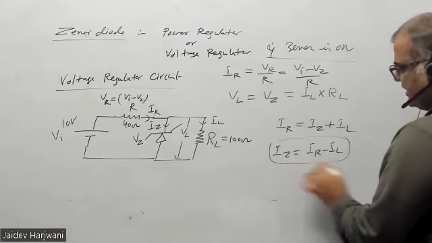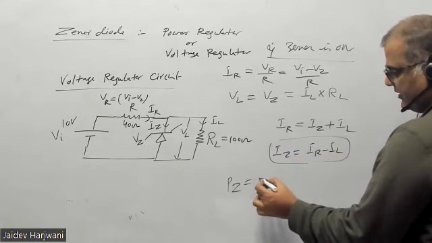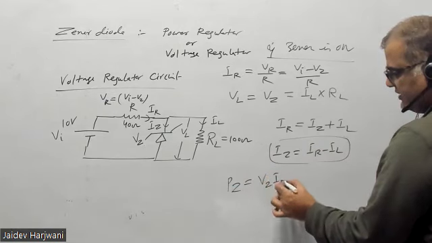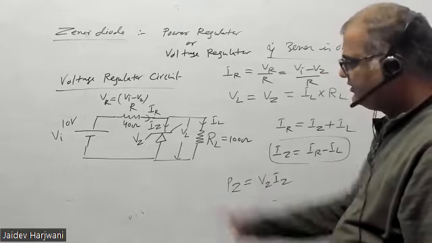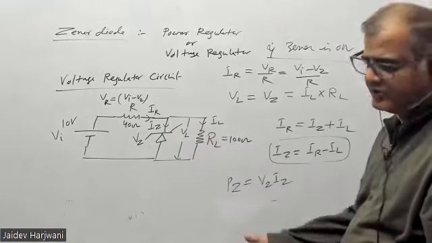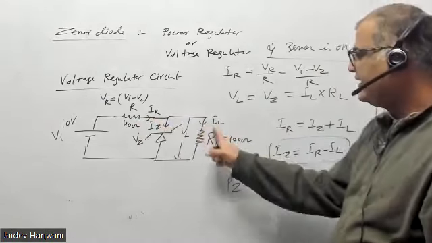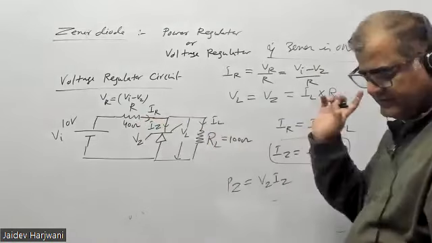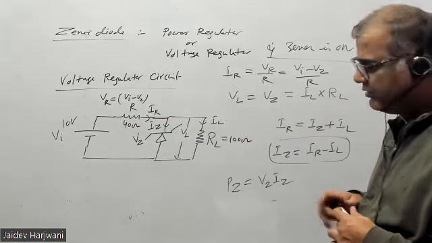If IZ is given, you can find how much power is dissipated in the Zener diode, that will be VZ times IZ. If the Zener is not on, then IZ will become 0. This will remain open, and IR will become IL; the whole current will go here. So tell me if this is clear to you.